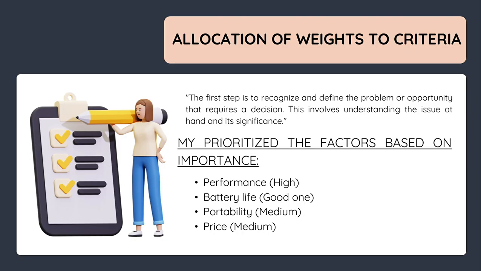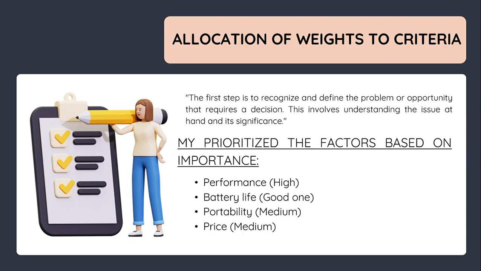I know all laptops are going to slow down, but I prefer at least a good battery because I can't be charging everywhere. Portability is very minimal, and the price has to be moderate, not very high and not very low. If it's low, it's profitable to me, but I think a medium price gives me the best performance.